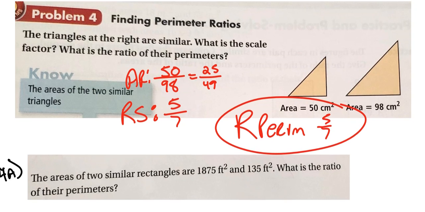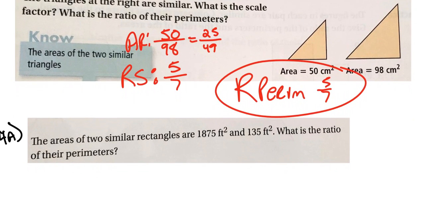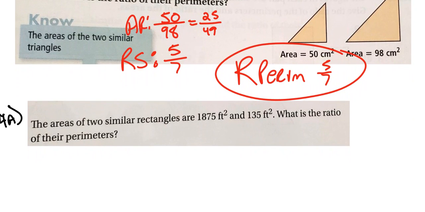All right, next problem. The areas of two similar rectangles are the following. What's the ratio of their perimeters? So 1875 over 135. Area ratio. So again, you can just immediately try to do the square roots, but hopefully, because these have 5s here, you realize that it can be reduced.